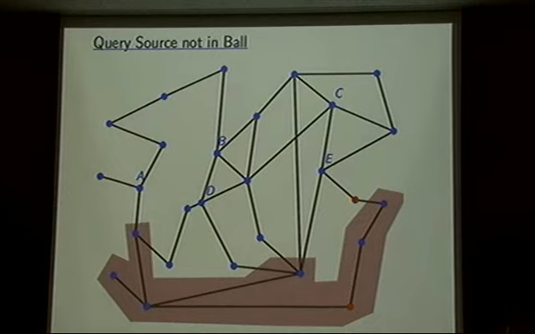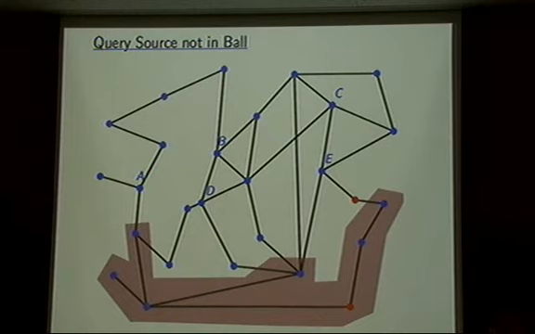In this case, however, you see the ball of this node is empty. Well, it only contains itself. And we're just out of this one here. So if we go from this node to this node's landmark, A here, so we go all the way to A, and then finally to the target, it's going to be pretty long.